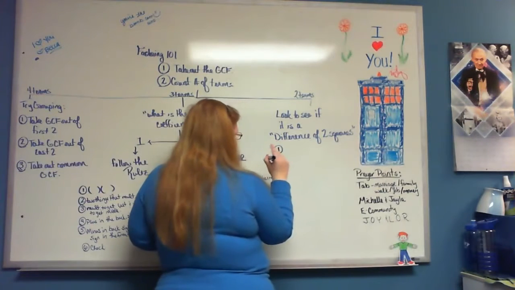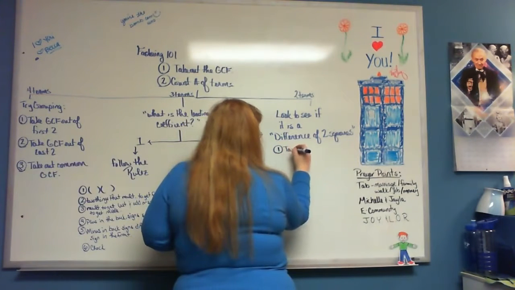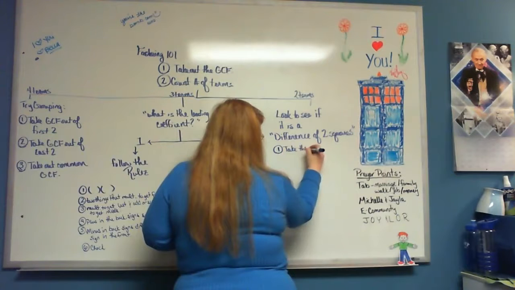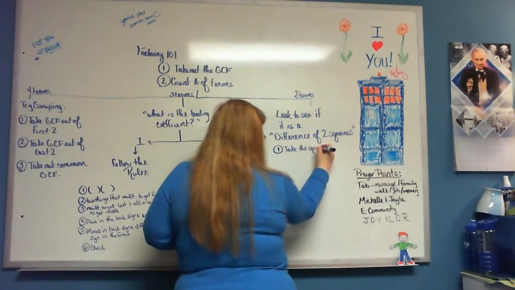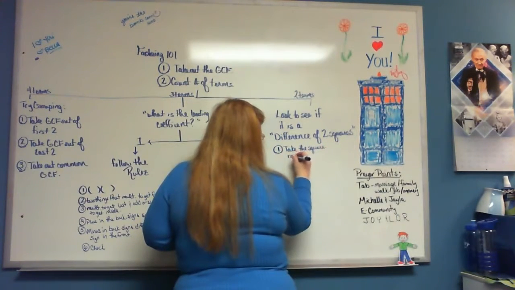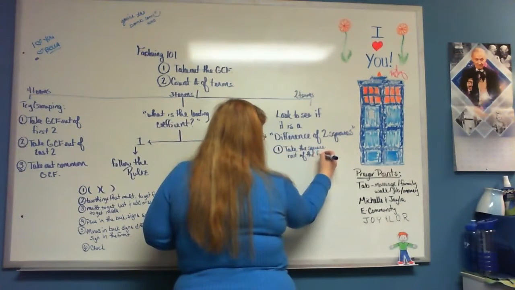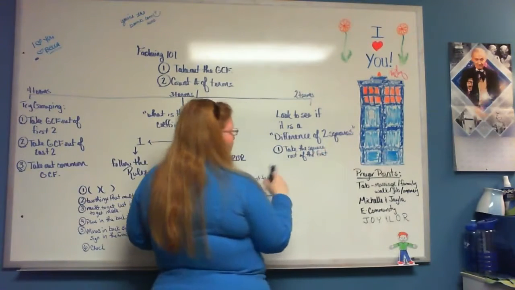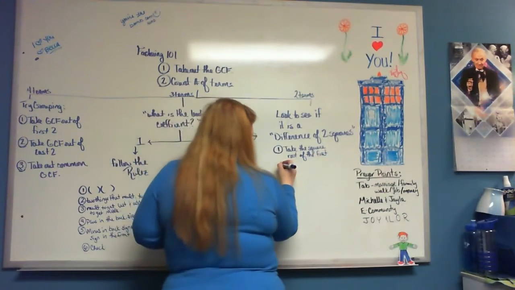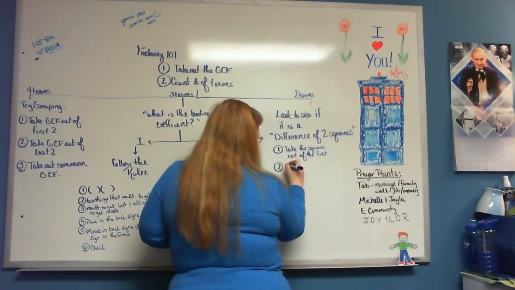1, take the square root of the first, put it in both places. 2, take the square root of the last.